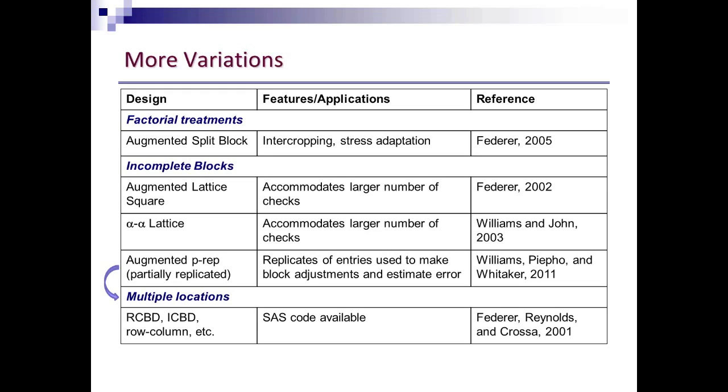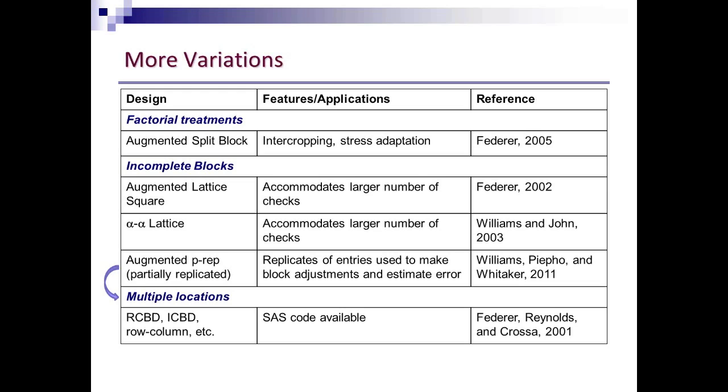So by the time you collect the information from all sites, everything would have been replicated at least that second time. Because you have the replication of the entries, it's not necessary to include all of the controls that we typically include in augmented designs. There's also information published on how to combine information across sites.